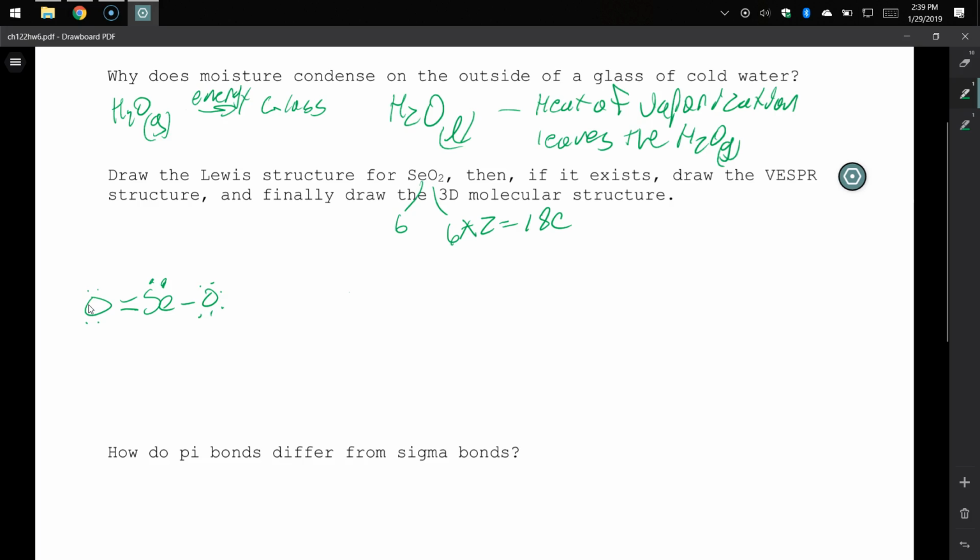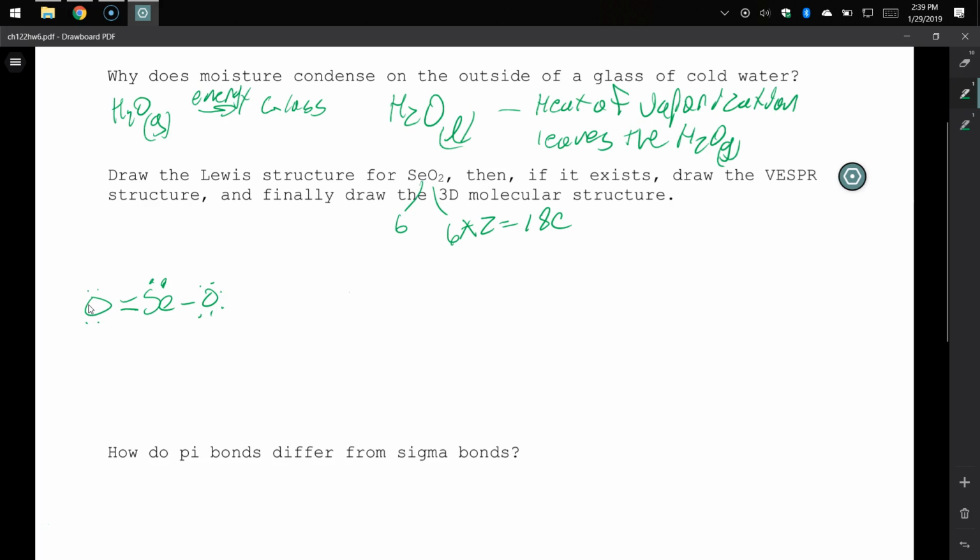Where else do you want to put those 2 electrons? Isn't that the point of the double bond? The point of the double bond is to make sure everybody gets to see 8. Before the double bond came in, the oxygens were good, but the selenium was still missing 2. So I pulled 2 off of one of the oxygens and turned that into a double bond.